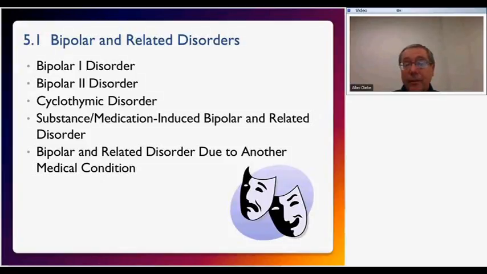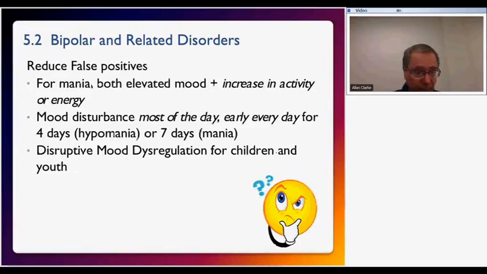The justification for that was the increased rates of people being diagnosed. This was particularly of concern in children, where the rates of that diagnosis had skyrocketed since the DSM-4. So there was concern about what they called false positives.